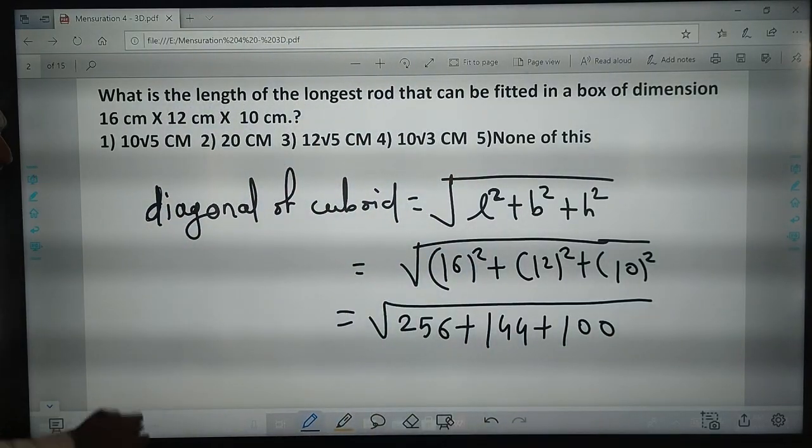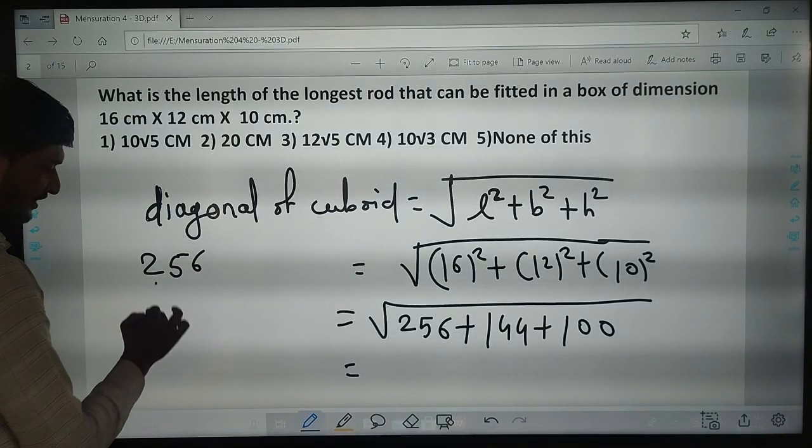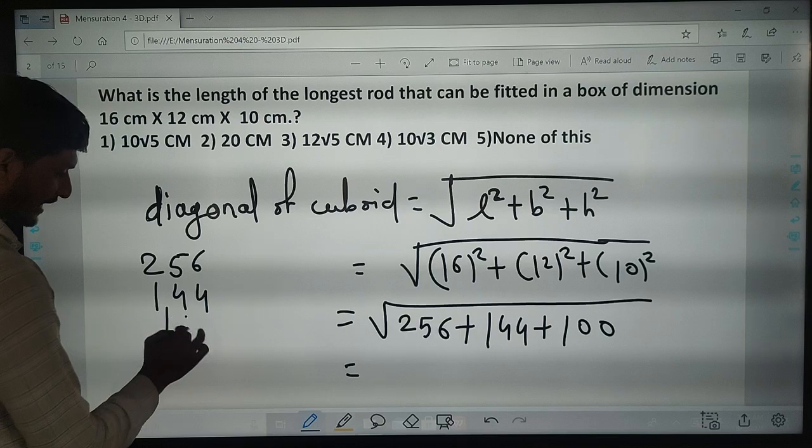We take the addition of these three, 256, 144 and 100.